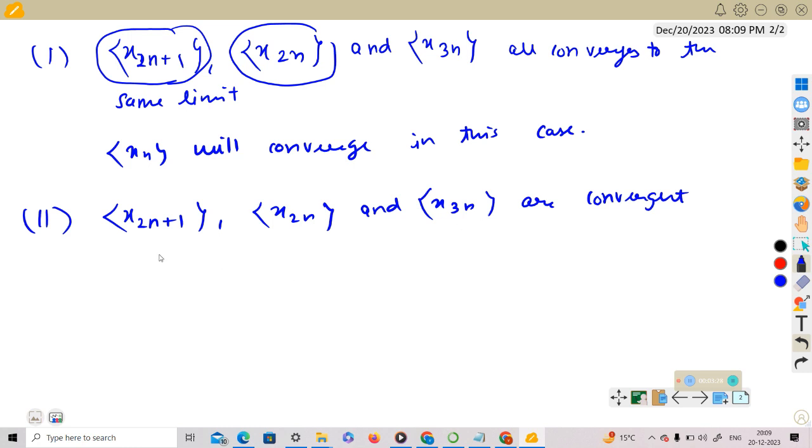So assume that x2n converges to L and x3n converges to M.